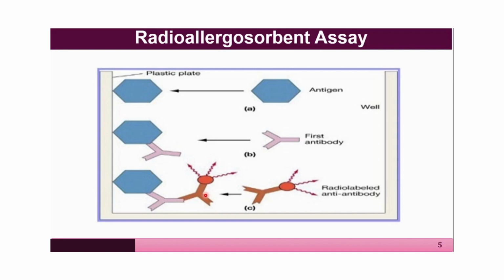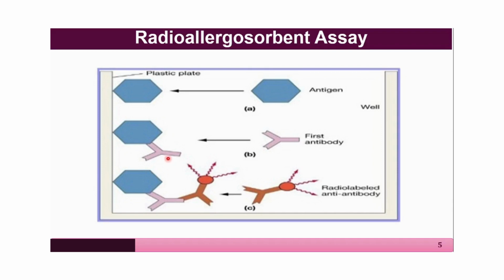Anti-IgE antibody is raised in an animal, purified, and then radioactively labeled. This secondary antibody is added to the samples, incubated for some time, and then washed.